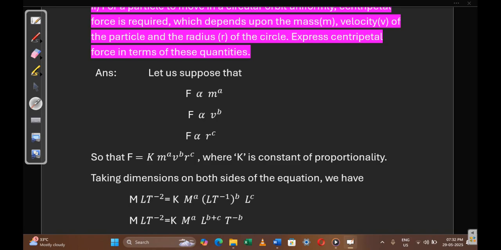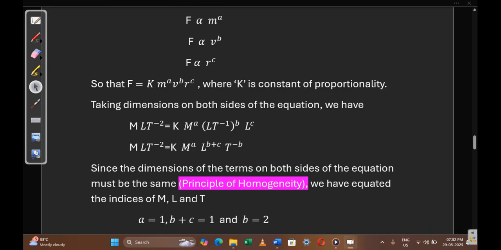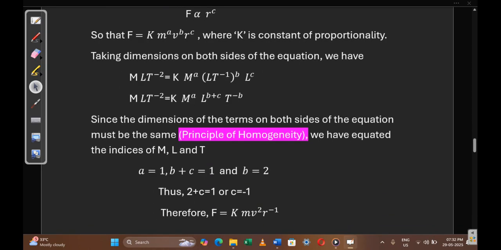Steps are given here for deducing the relation. Let us see. It depends on the principle of homogeneity. According to the principle of homogeneity, the dimensions on both sides of an equation must be the same.